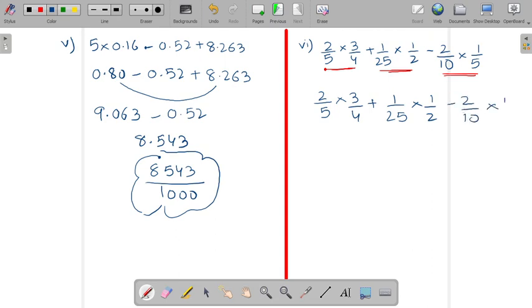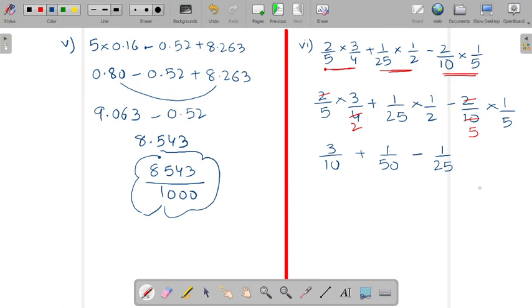So let's see, can we cancel the terms here? Yes, this can be cancelled out, and here this can be cancelled out. Now next step, multiply upper with upper. So 3 upon 10 plus 1 upon 50 minus 1 upon 25.